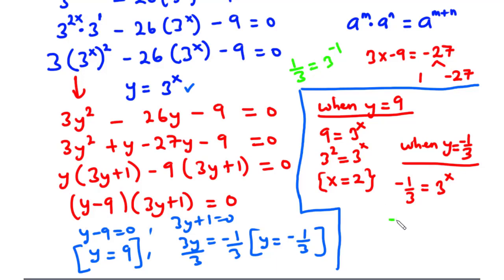So negative 1 over 3 is equal to negative 3 exponent negative 1. That is equal to 3 exponent x. Now because the bases are not the same, we cannot compare their exponents. So this is invalid. We can't work this one out. So we are going to focus on x is equal to 2. So the truth set for this equation is such that x is equal to 2.